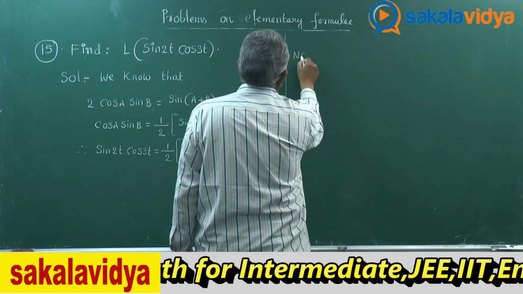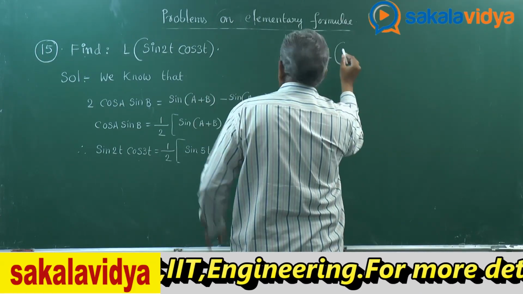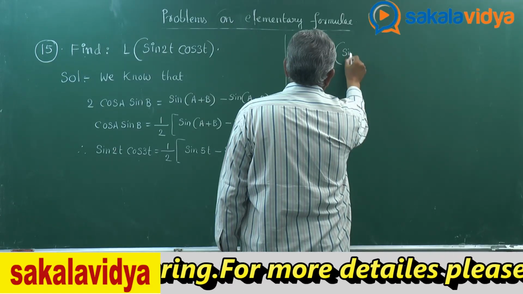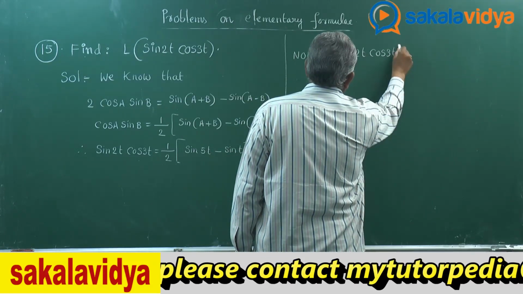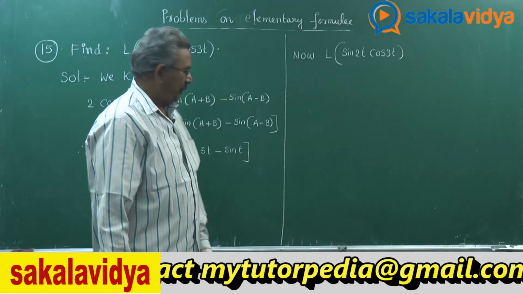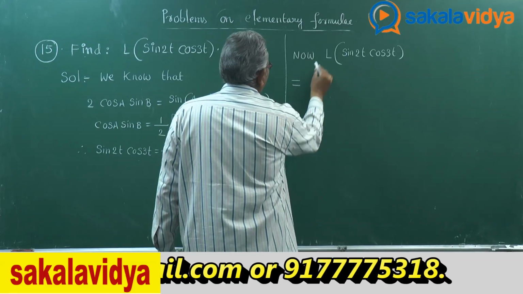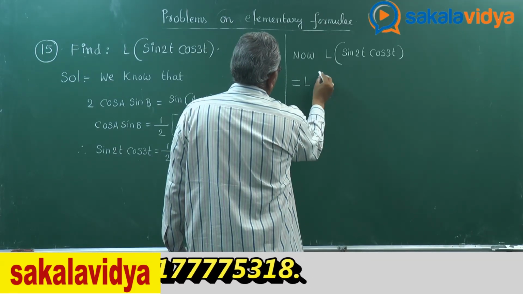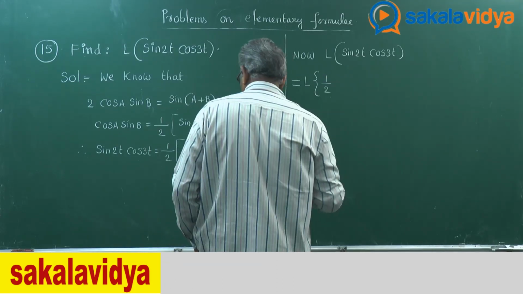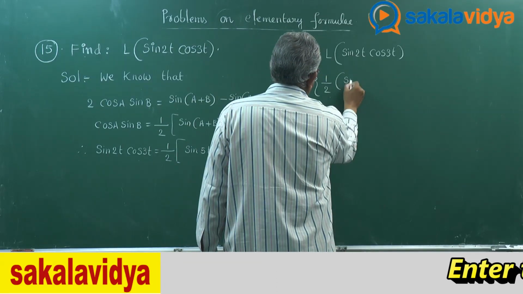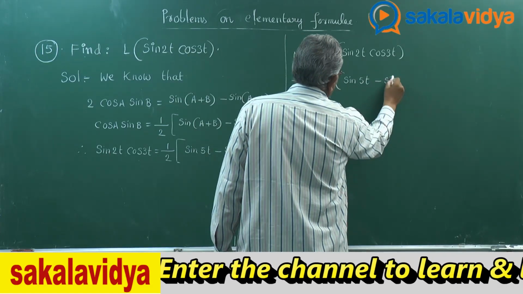Now the Laplace transform of sin 2t cos 3t equals the Laplace transform of half times sin 5t minus sin t.